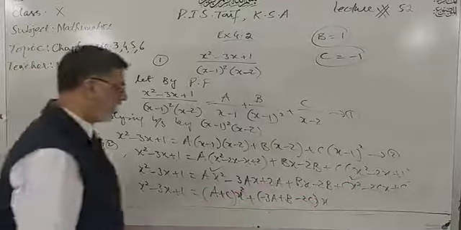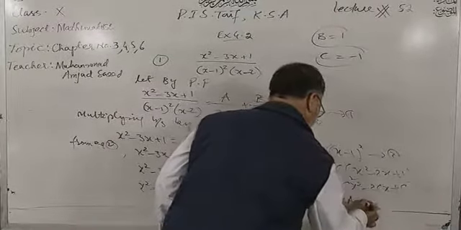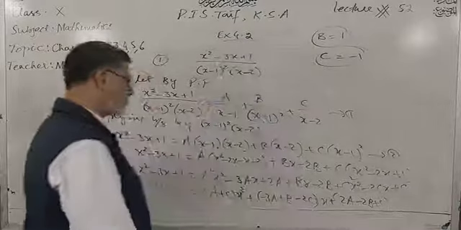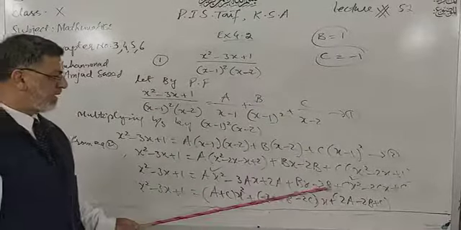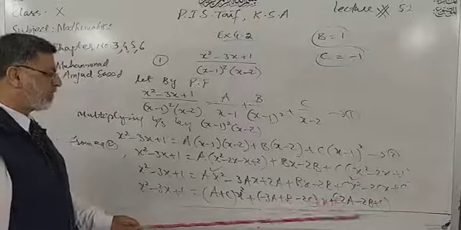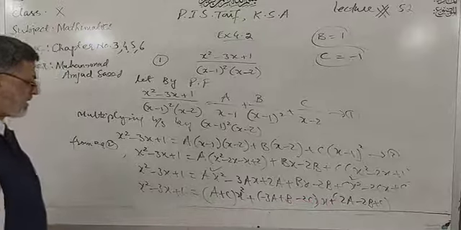Then we have 2A − 2B + C. You can draw brackets or not, it makes no difference because no x is involved here, so all terms are constants.